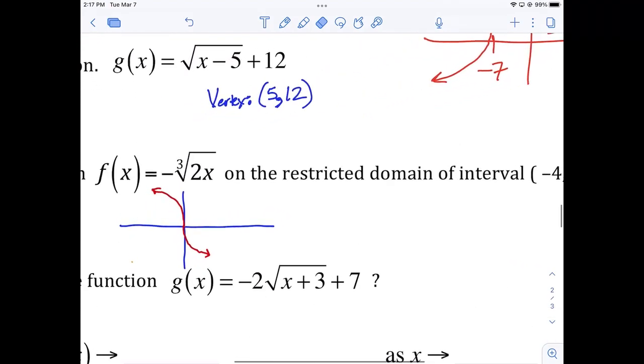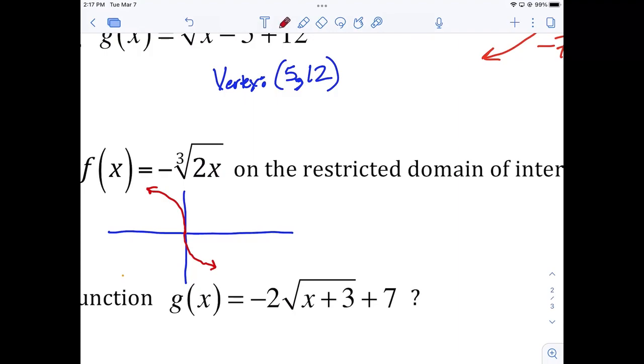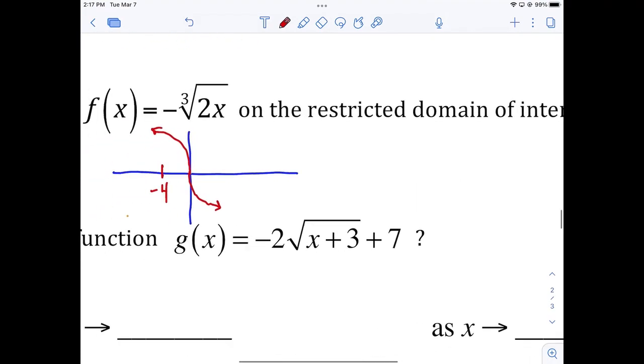Now, on the restricted domain, here is negative 4, and here is 1/2. Here's a half. Oh, are they both x values? Yes. Here's 4. I want to know what these y values are.